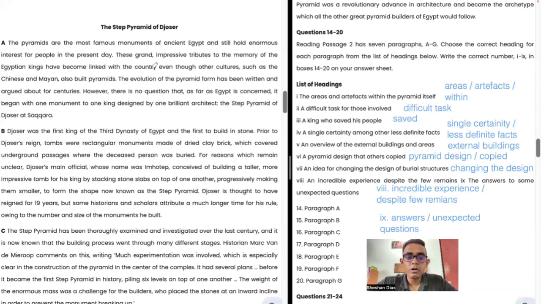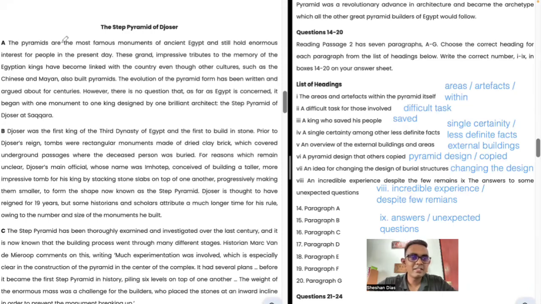So let's go on to the first paragraph, paragraph A. Now we're looking at areas, artifacts within, difficult tasks, saved, single certainty, less definite facts, external buildings, pyramid design and copied, changing the design, incredible experience despite few remains, answers, unexpected questions. These are the keywords that we are looking for.